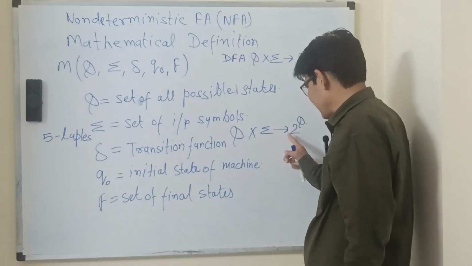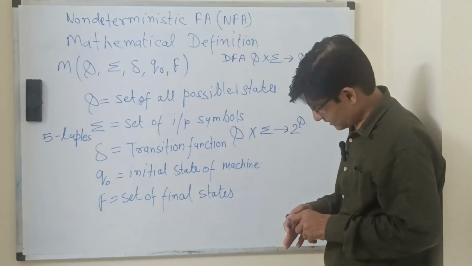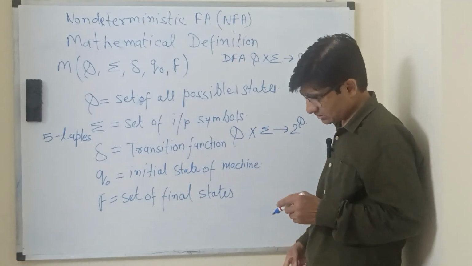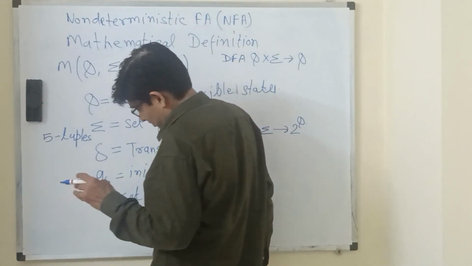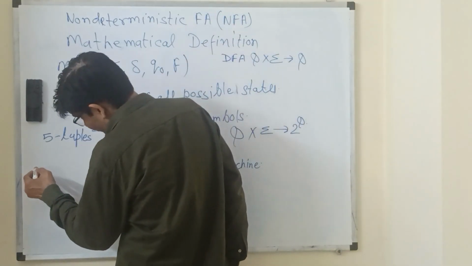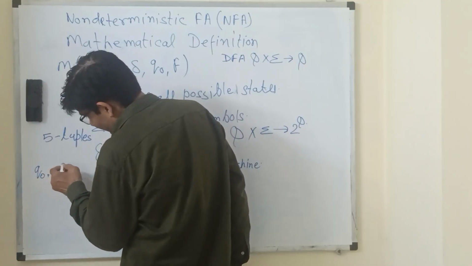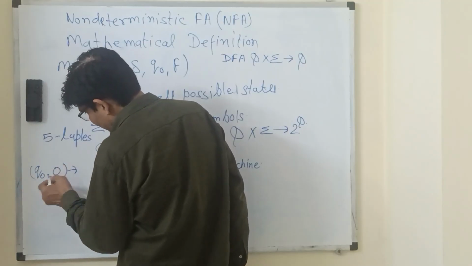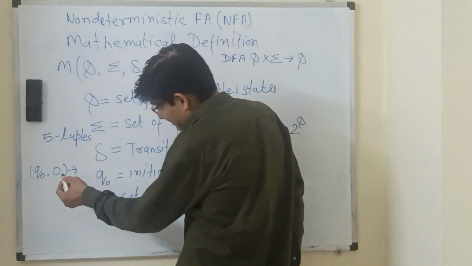So this means there is some uncertainty. For example, I will show you the difference clearly. In case of DFA, suppose I am on Q0 and I am reading 0.